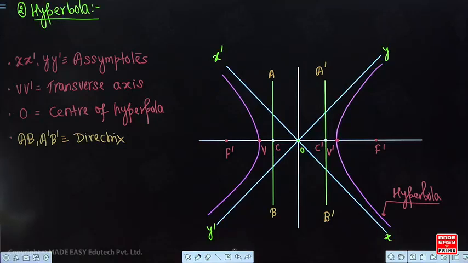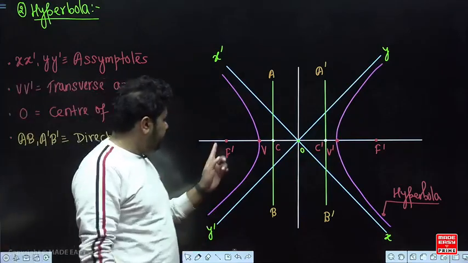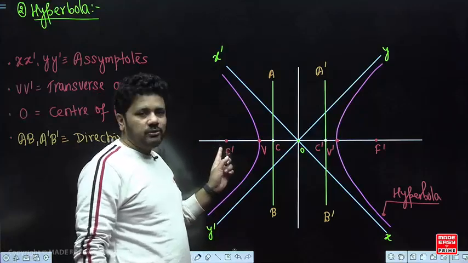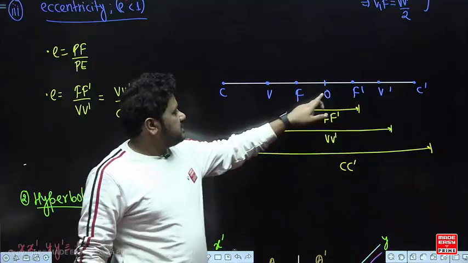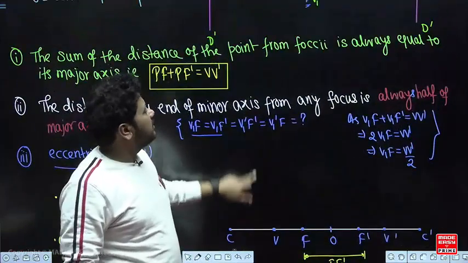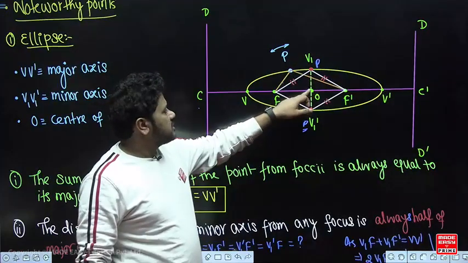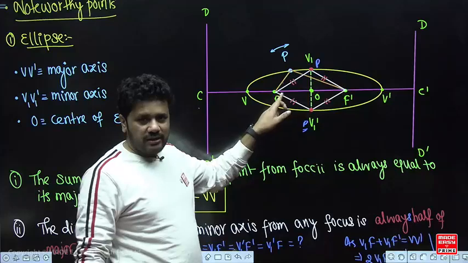Fine. So there are again 2-3 points for the hyperbola. Correct? Hyperbola. Now the difference between the ellipse and hyperbola is that in the ellipse the focus is nearer to the origin. See, focus is nearer to the origin means what? You can say that this is the center. So the focus is near the center in the ellipse.